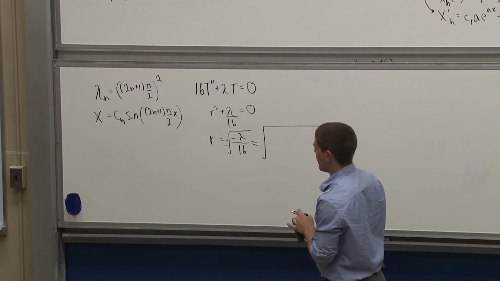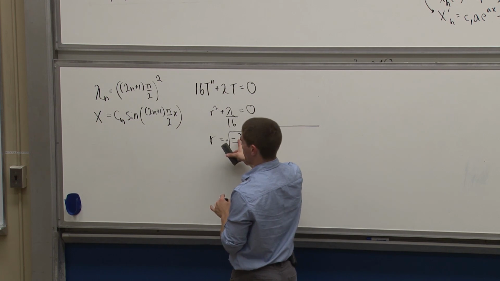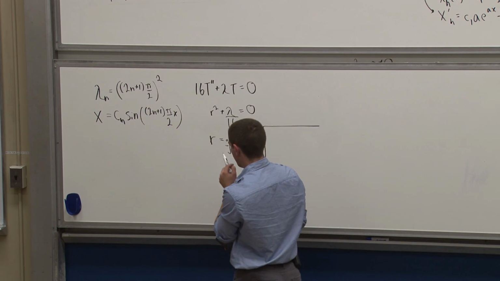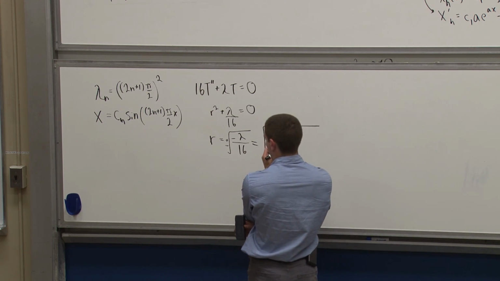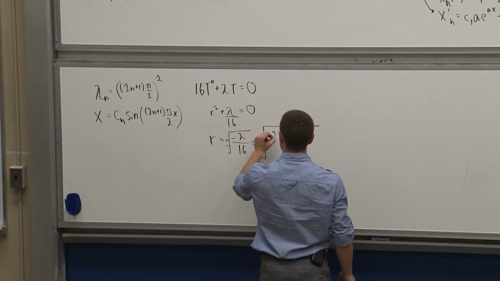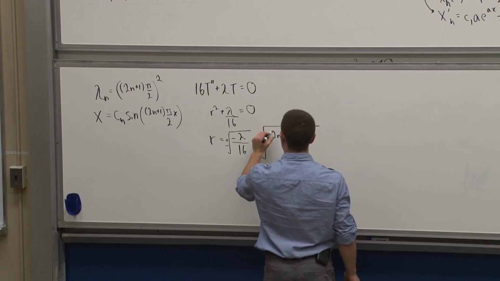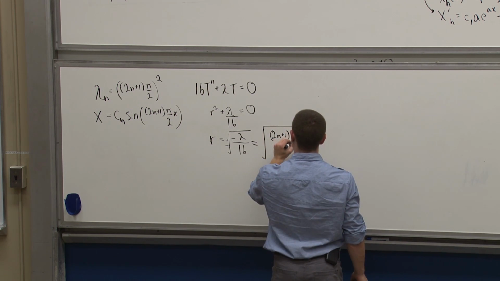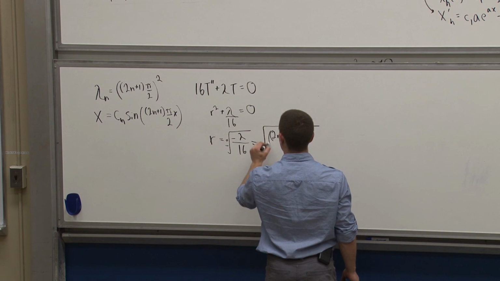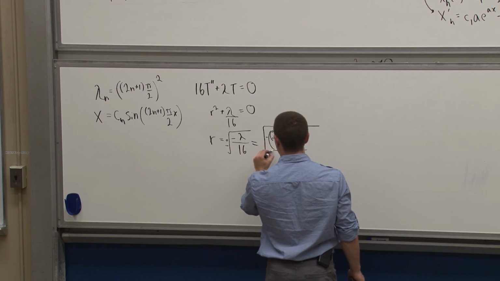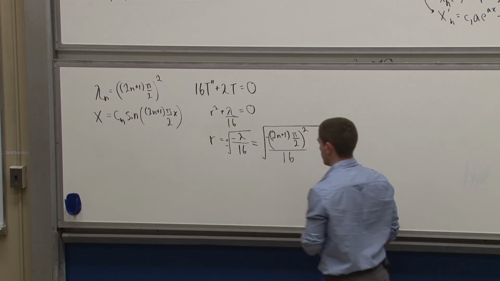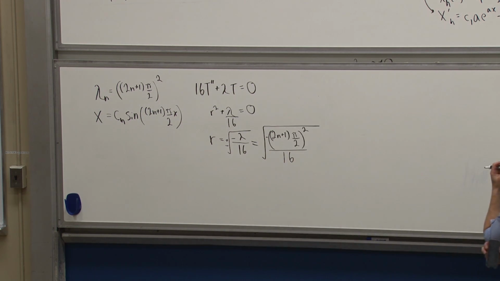We have negative lambda here, so we have 2n plus 1 pi over 2, the whole thing squared, with a negative sign, over 16.